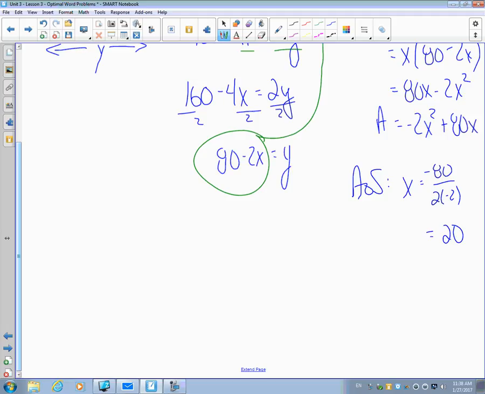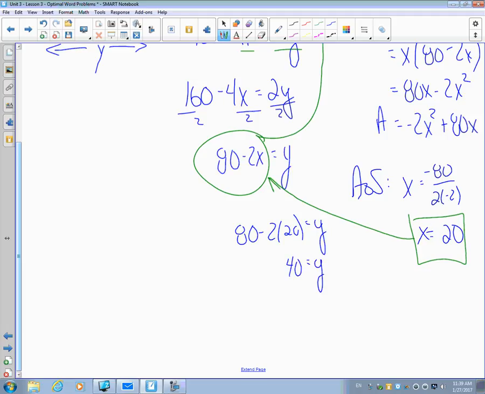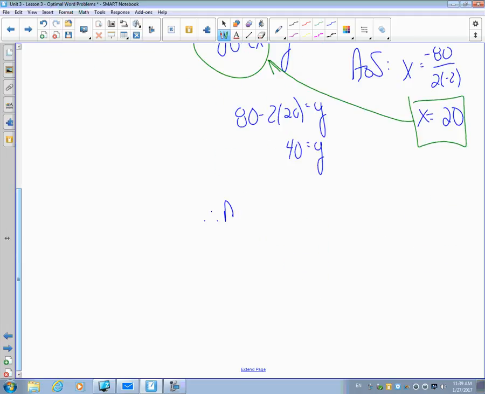How do I get y? Back into y, right? So 80 minus 2 times x. This is x. That's y, and y is 40. Therefore, there's a maximum area when x is 20 and y is 40. And that's how a shape problem works.